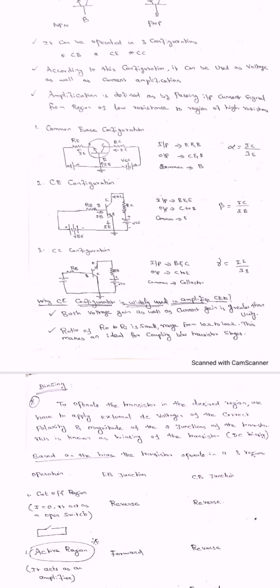So these are the two very important reasons for widely using common emitter configuration in amplifier circuits. First, voltage as well as current gain should be greater than unity, and the ratio of output resistance to input resistance is small, so we can easily couple between the transistor stages.